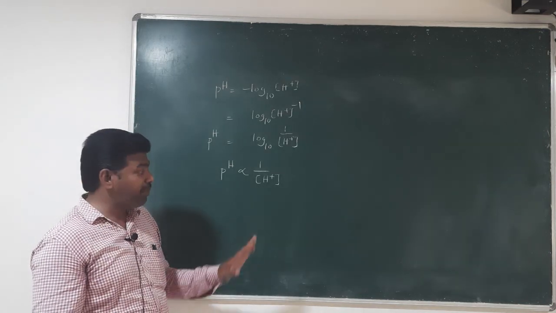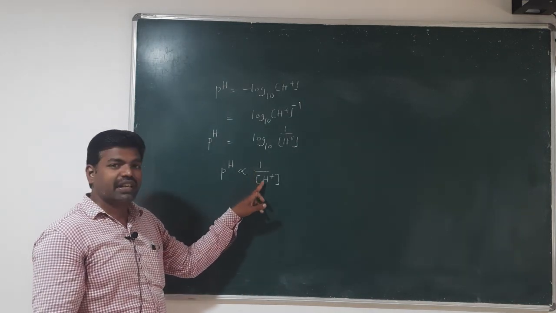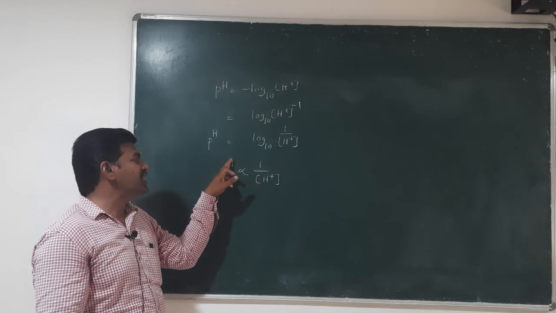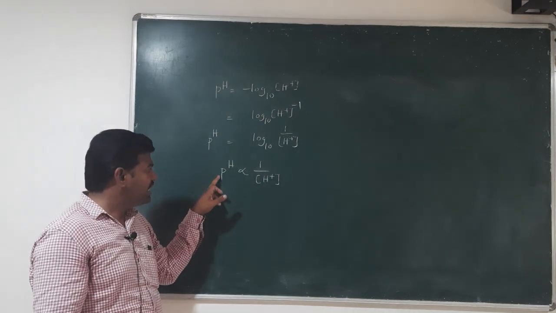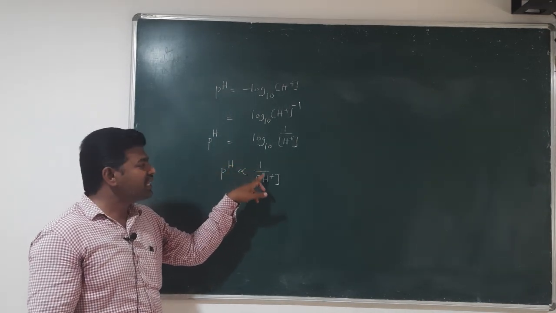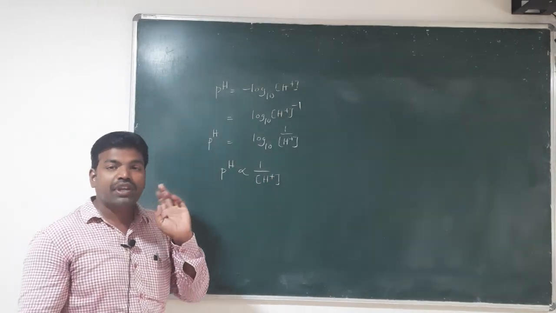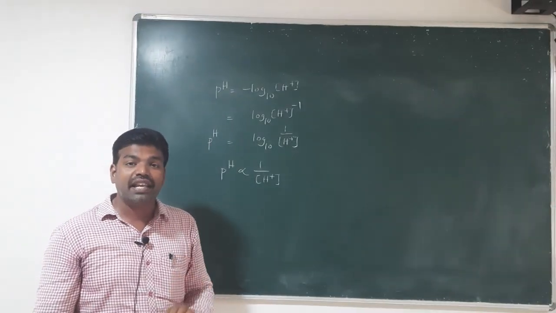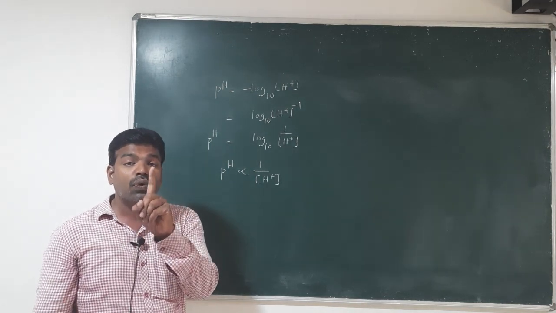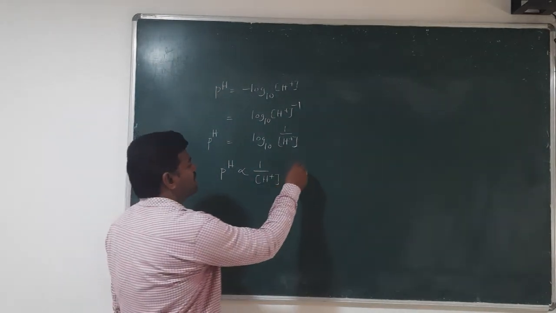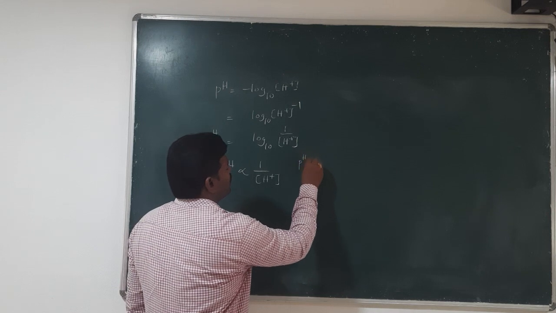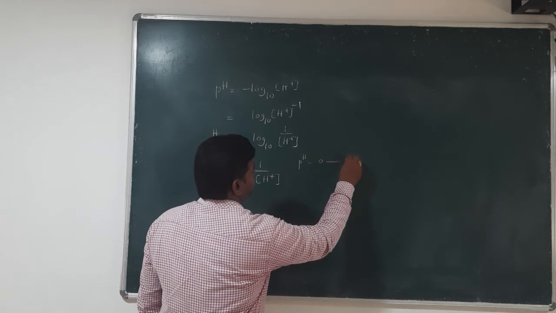I repeat, with increasing concentration of H plus ions, pH value decreases. With increasing pH value, concentration of H plus ions decreases. And we came to know that the pH scale ranges from 0 to 14.